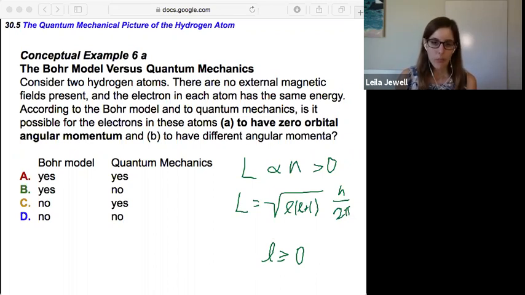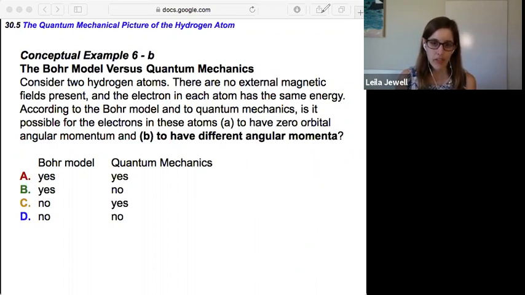What about part B, where we want to think about different angular momenta? For the Bohr model, we know angular momentum is proportional to n. So if you have the same energy, and since there are no external magnetic fields that could change the energy levels, the only thing setting the energy is n, so they must have the same n value.